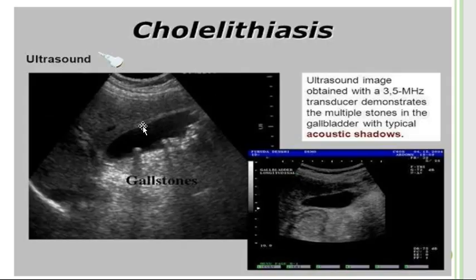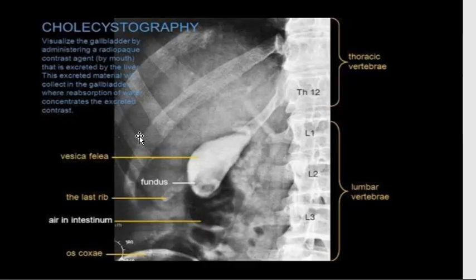This is the ultrasound. In ultrasound we will check for stones in the gallbladder, whether they are multiple or single, so they will give us an idea. Then we will do what? Cholecystography, in which the patient will take some agent by mouth and it is excreted by the liver.